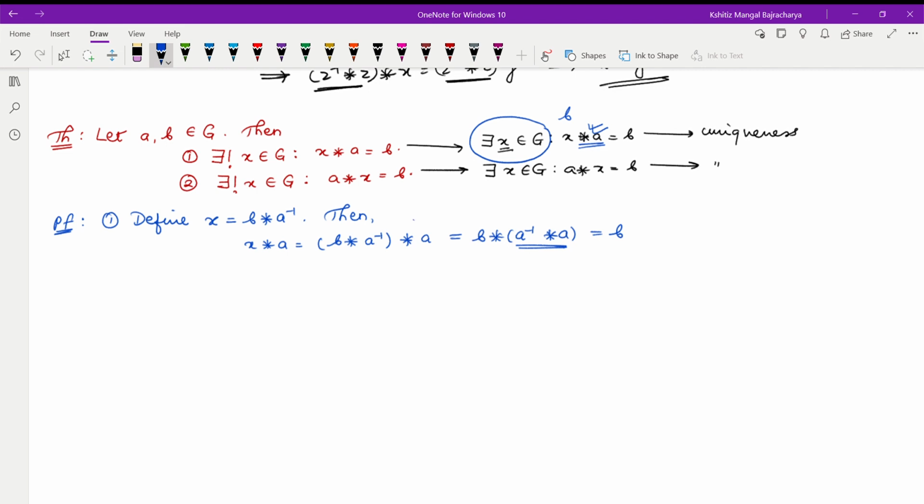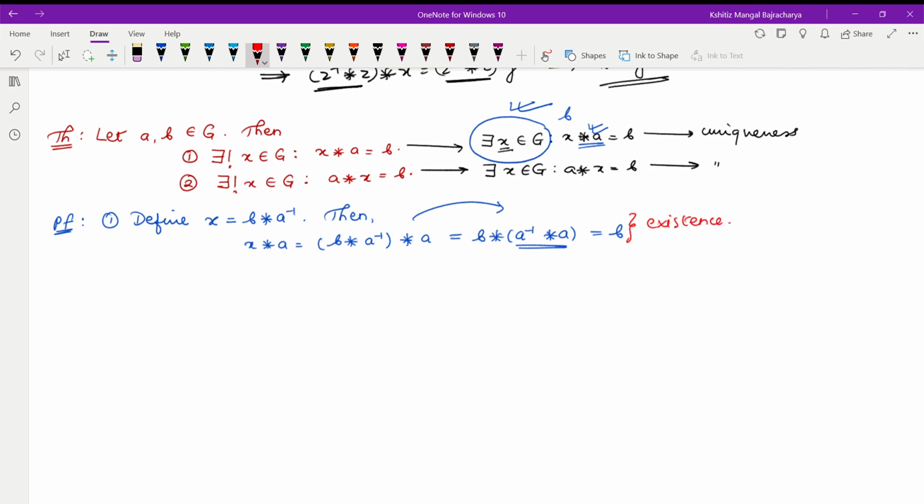We got this because of associativity. Alright, so we have proven the existence of X. The existence part is complete.